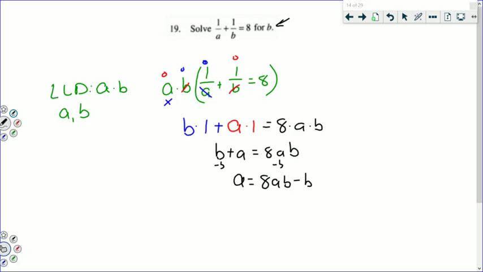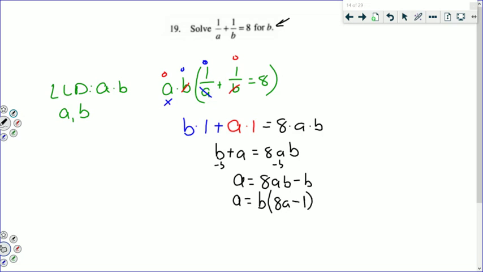Okay? Our goal is to get B by itself, and so the reason that we moved all the B terms over to one side is because now, what does this term have in common with this term? Well, they both have a B. So A equals 8A minus 1 times that B that we can factor out. So the term they have in common is B. We factor out that B, and we're left with 8A from the first term minus B divided by B is going to be 1.